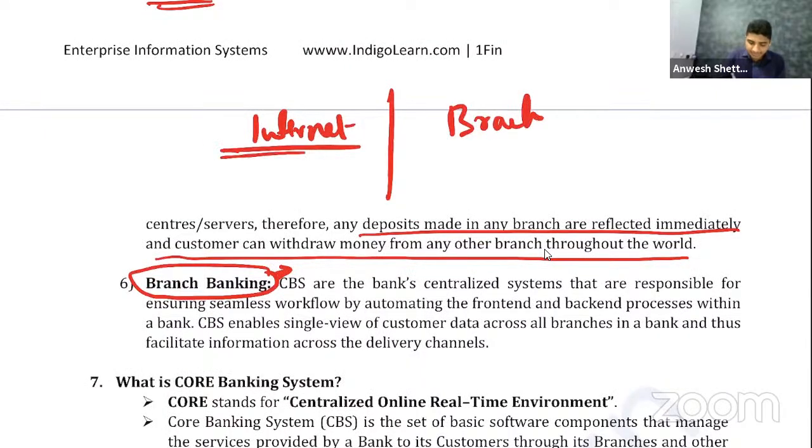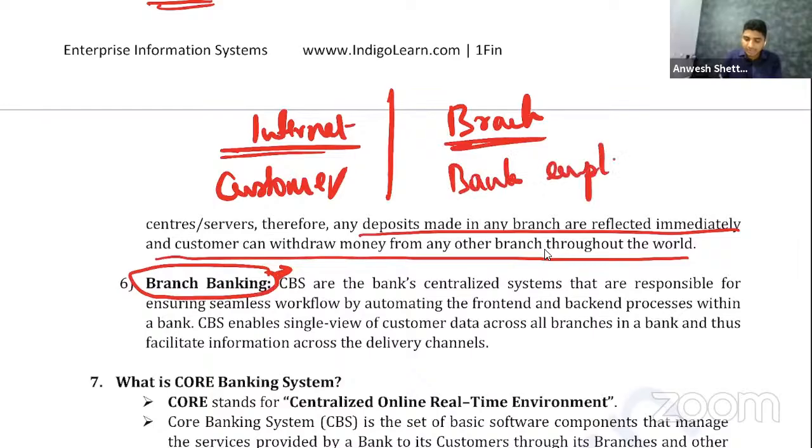In internet banking, the customer logs into the system. As a customer, you log into the system. But in branch banking, you don't log into the system. It is the bank employee who logs into the system. So all that you do in branch banking is you go and give him the request and he processes the request. But in internet banking, you yourself process the request.